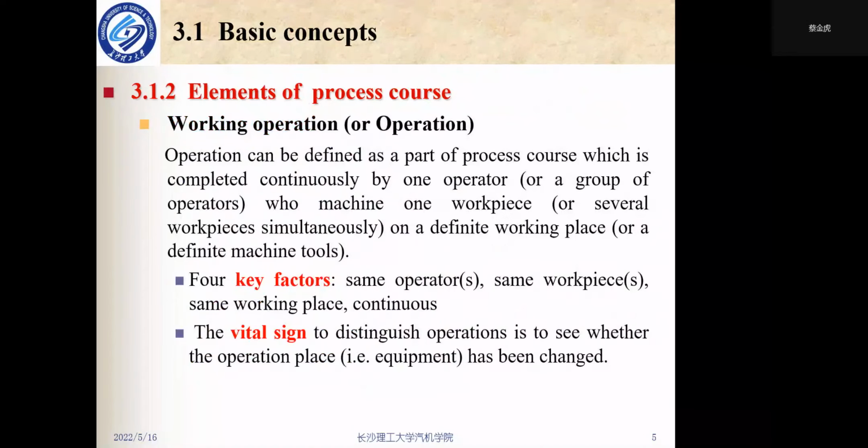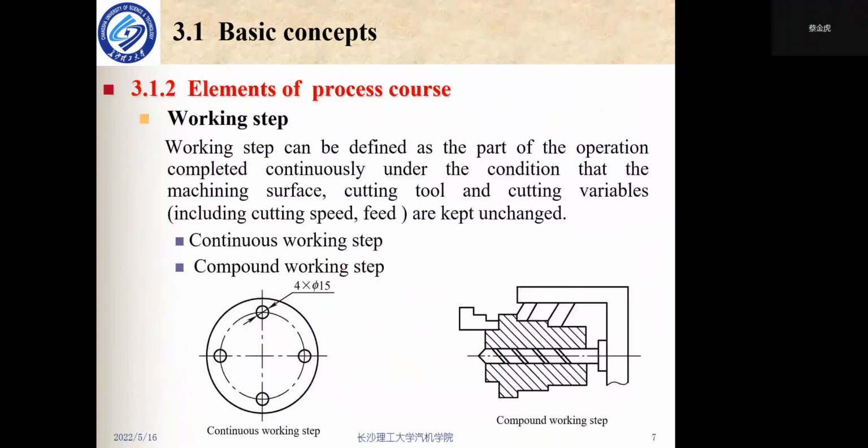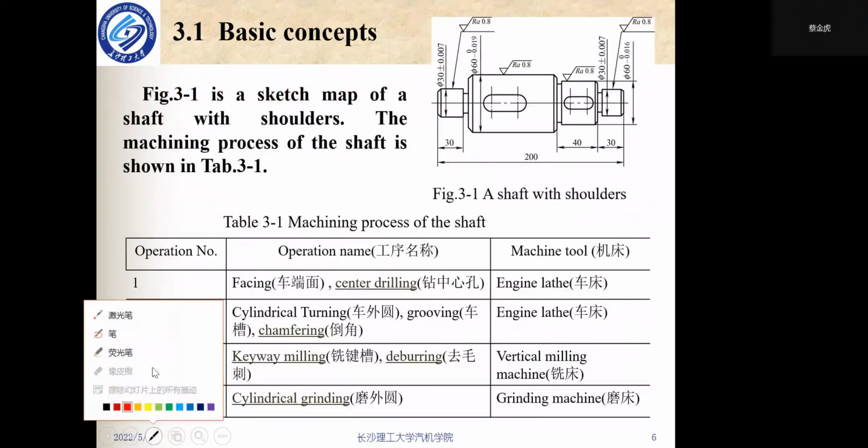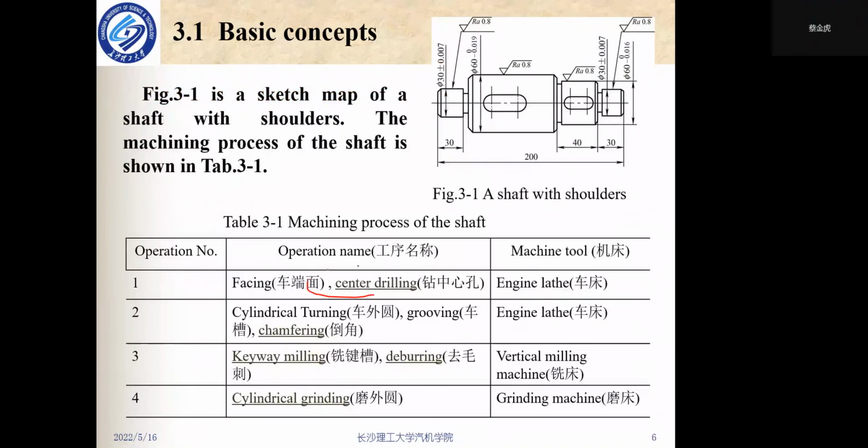and it has 4 key factors: same operators, same workpiece, same working place, and continuous. And we have seen some videos for every machining process, one by one.